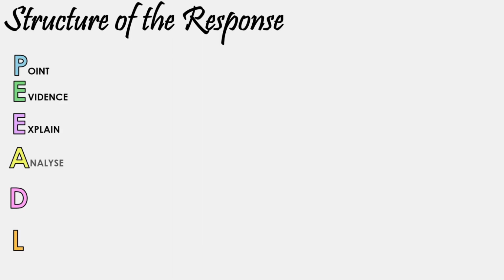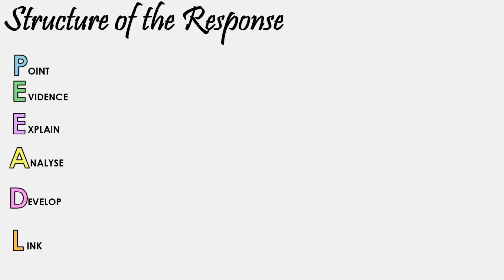So this is how I would recommend structuring your answer. There are more marks available on this one than in question 2 and 3, so we need to be writing paragraphs that are more detailed than FEAR. So for question 4, we use PEDAL. And PEDAL stands for point, evidence, explain, analyze, develop, and link.